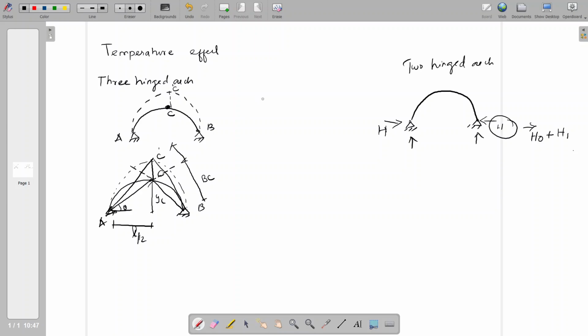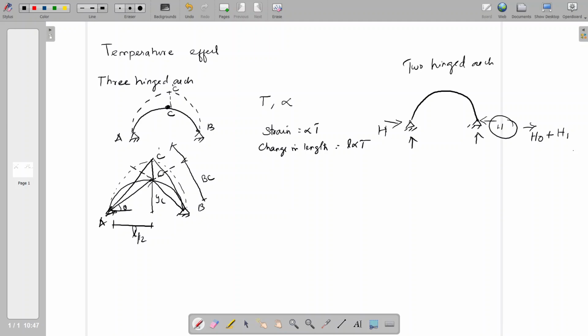Due to the temperature effect T with the thermal expansion coefficient alpha, we will have the strain as alpha into T, and the change in length will be L alpha T. You might have studied this in your previous semester solid mechanics.